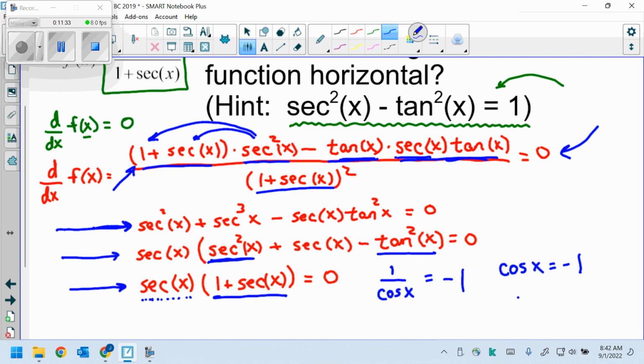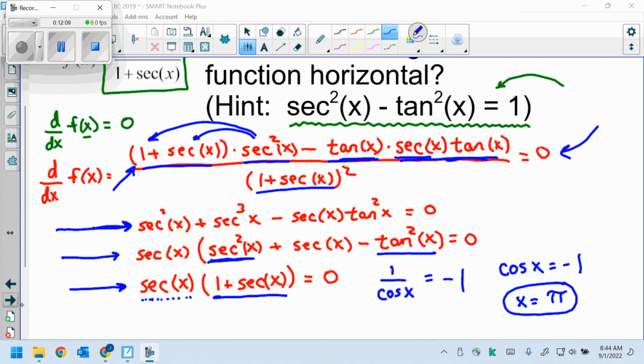And I think that happens at x is equal to, and I'll just do my first time around the unit circle. James might have an infinite number of answers. I'm just going to say I want an answer between 0 and 2 pi. All right, so probably should have been more clear on what our domain was, 0 to 2 pi. But yeah, at x equals pi, we are going to have a slope of 0.